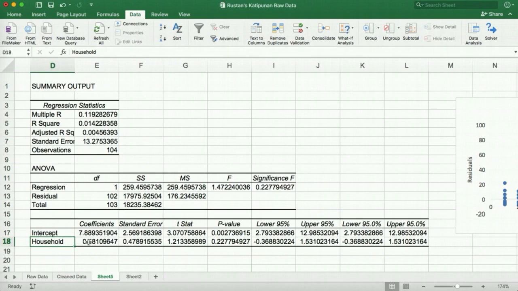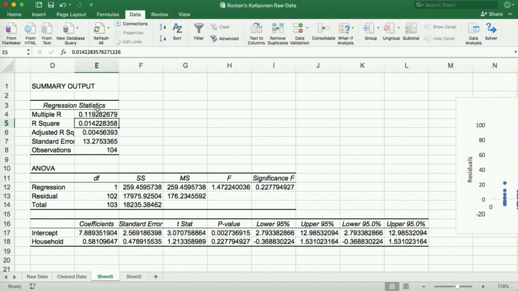Now, the regression statistics also support that conclusion. We found earlier that there is no relationship between x and y, and that shows us low values for r and r square. So r square is just 1.42%. Multiple r is 0.1193.